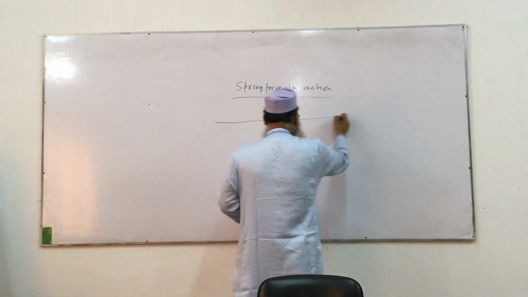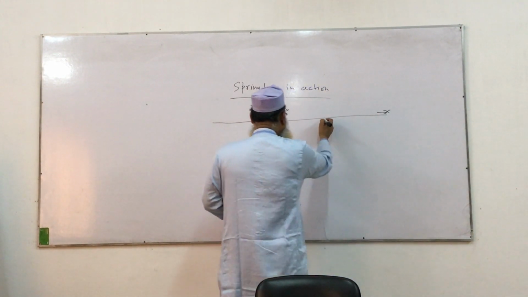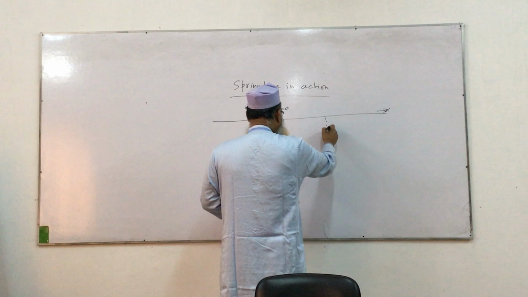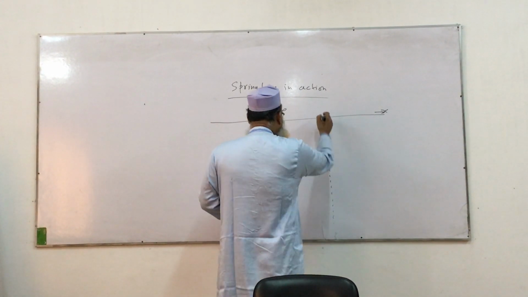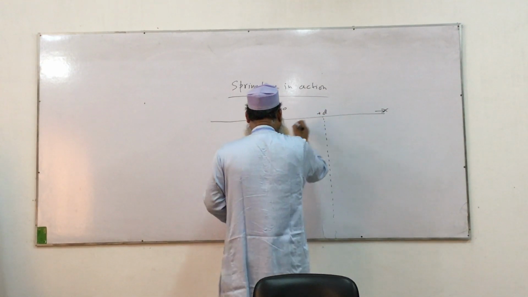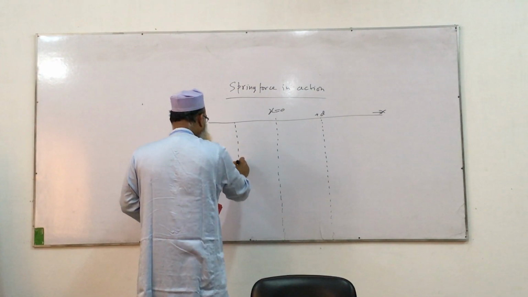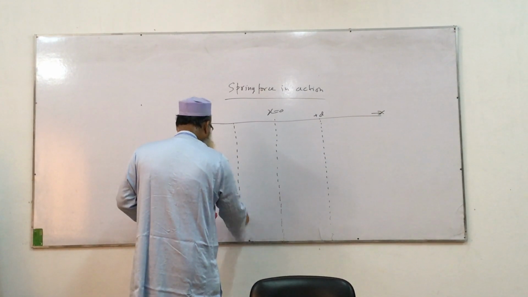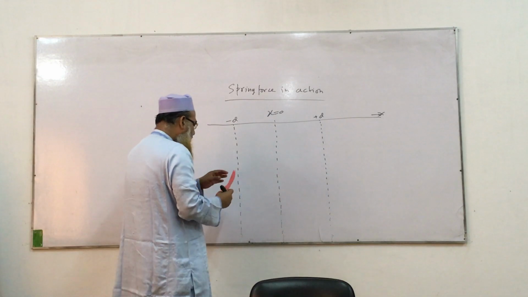Here is the line. This is the x direction. Say this point is x equal to plus d and this point is x equal to minus d.